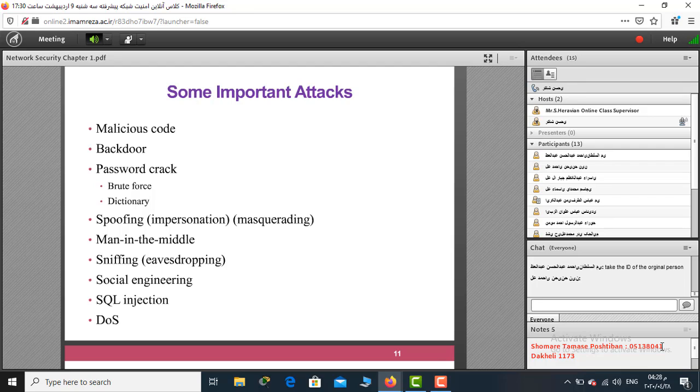And the next attack is man in the middle attack, or MITM. Suppose that Alice and Bob are communicating and they are legal and valid users of the network.